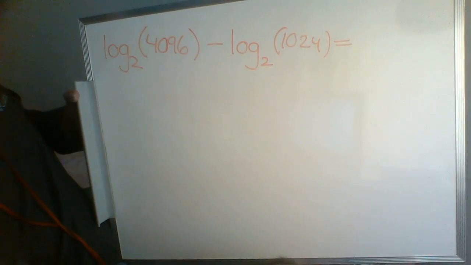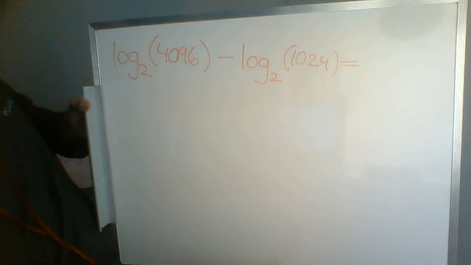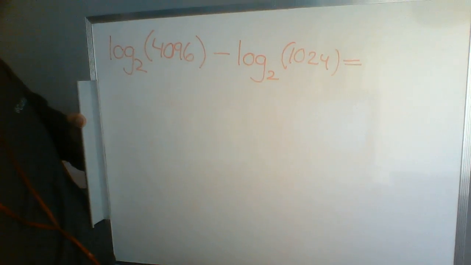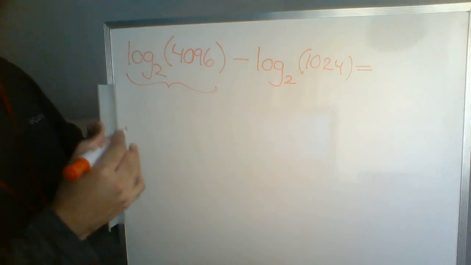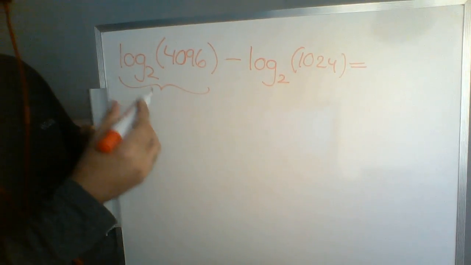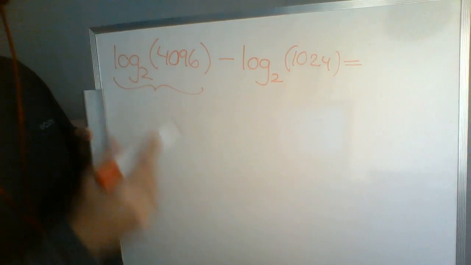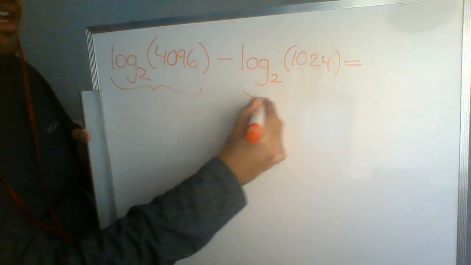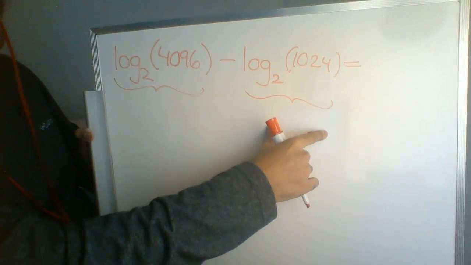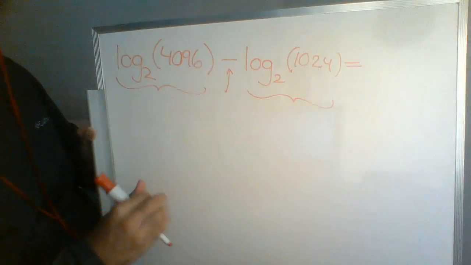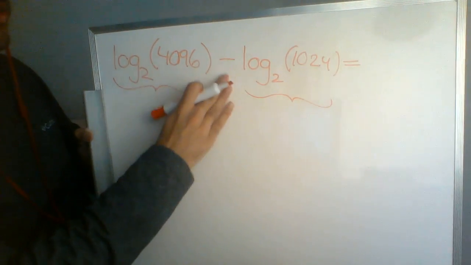So, looking at this, you could initially think to yourself, well, okay, I could figure out what this logarithm is by just doing 2 times 2 times 2 times 2 a whole bunch of times until I got to 4,096. And then I could do the same thing over here, and then I would just take my answer from this one, subtract it from the answer from that one because we have a minus sign in the middle, and I would get my answer.